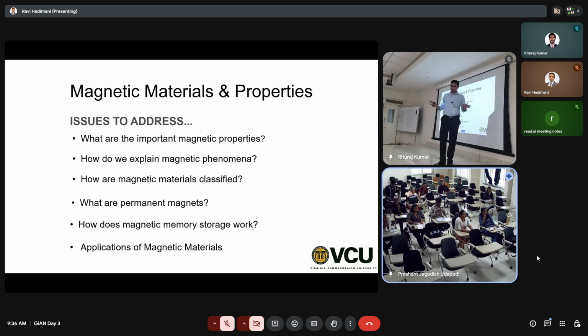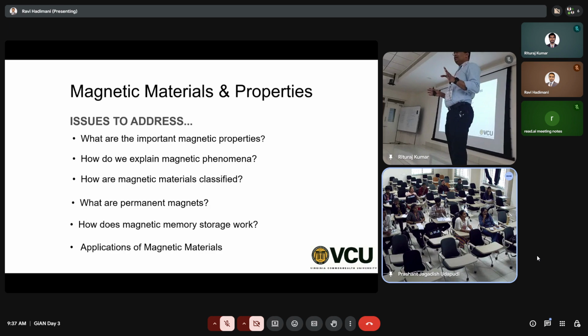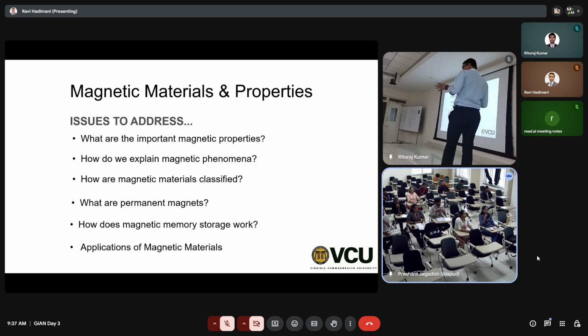Just a quick recap of what we did last class. We looked at fundamentals of magnetic materials, right? We know what is the origin of magnetic field or magnetization in a material, or why materials are magnetic. We see that there are only 3 elements in the periodic table that are magnetic, but compounds can be many.